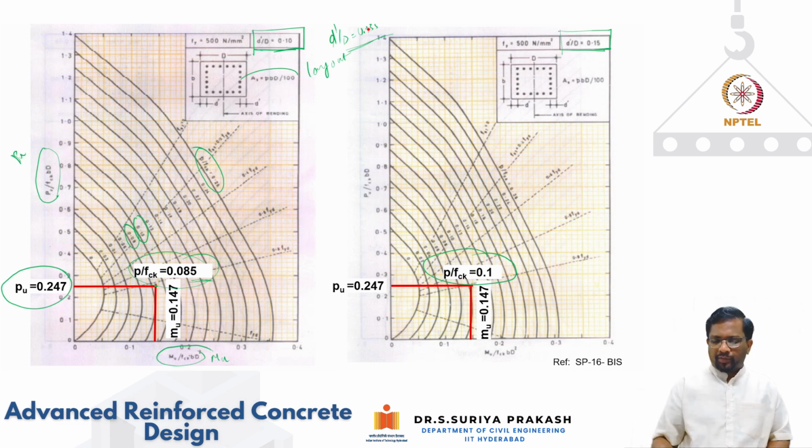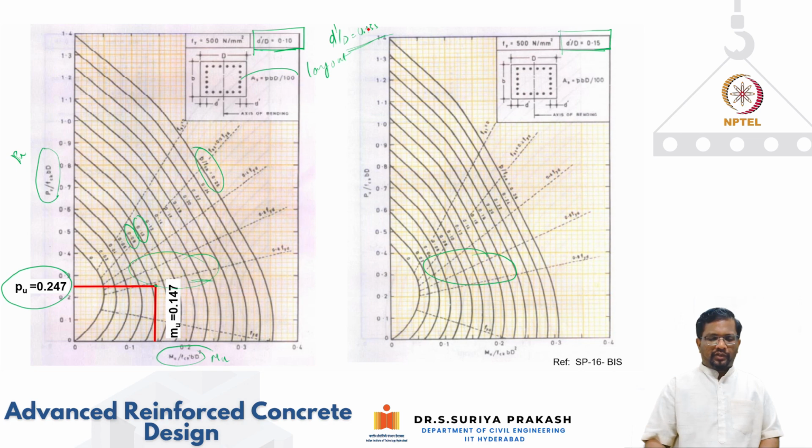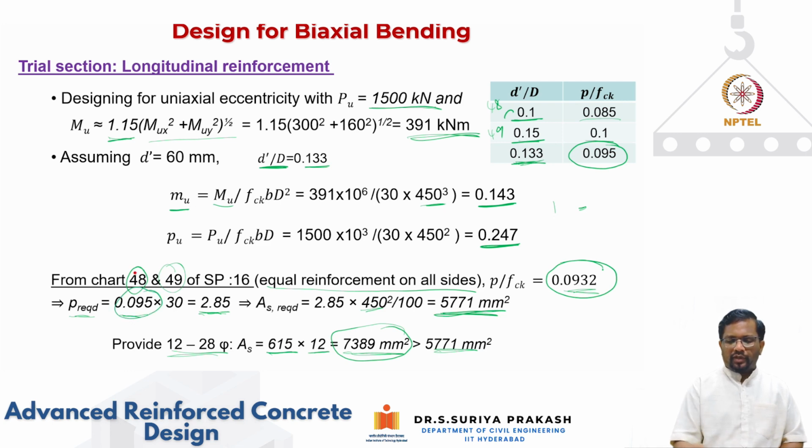So I do the interpolation and we got the value specified in the last slide. This is how we got 0.0932, and slightly we round it off to 0.095, and then multiply by fck to get your pt, and then you get your steel, and again we bumped it up just to be on the conservative side.